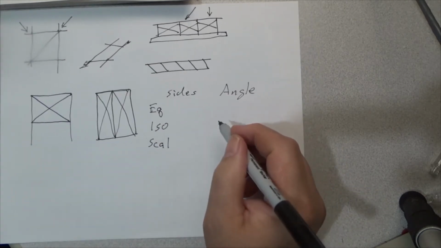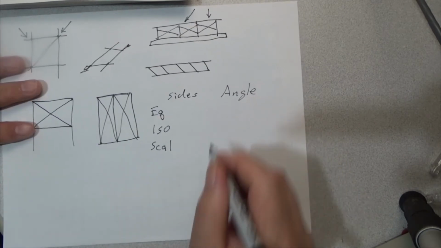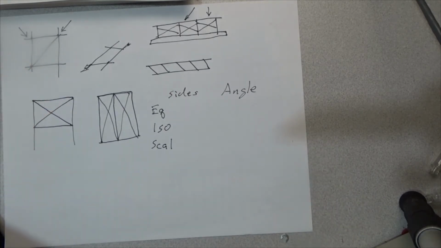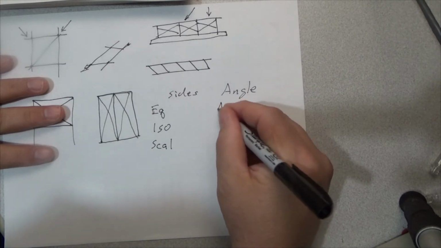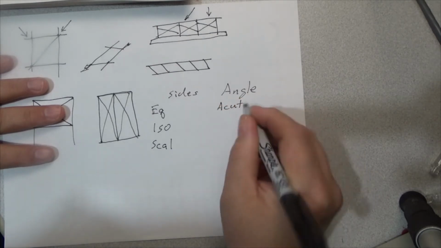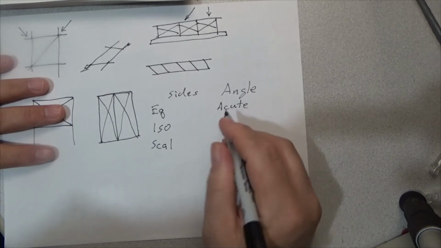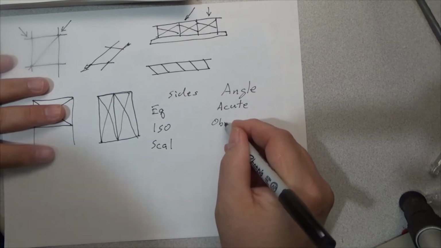Then we have 3 ways we can name a triangle by its angle. And now when we talk about the angle, what we're talking about is the largest angle of the triangle. All right? We could have an acute triangle. Well, let's get to that later. We could have an obtuse triangle.